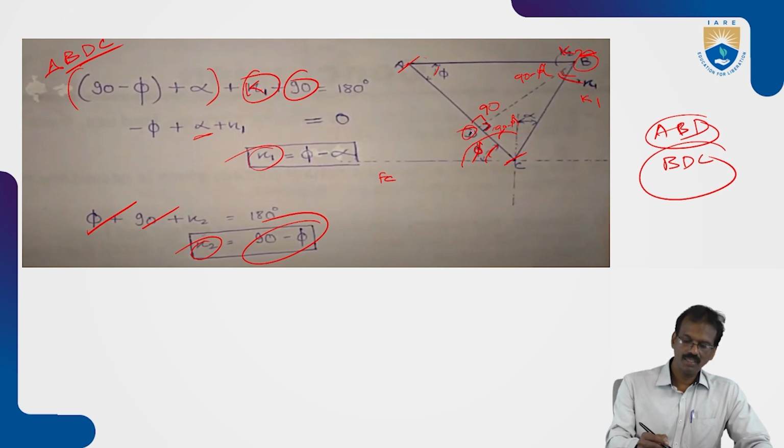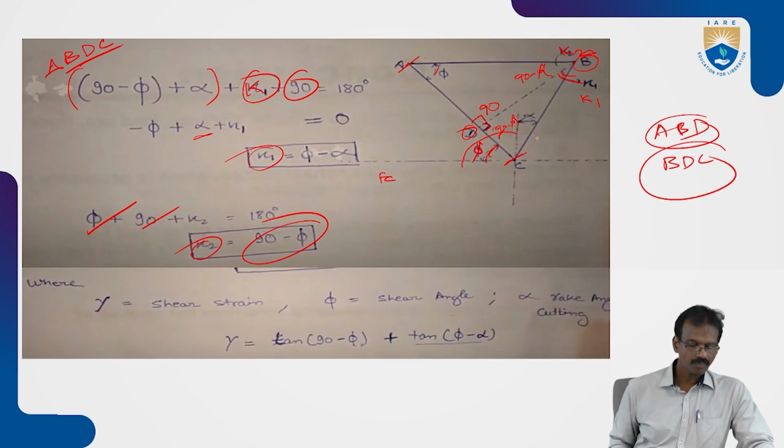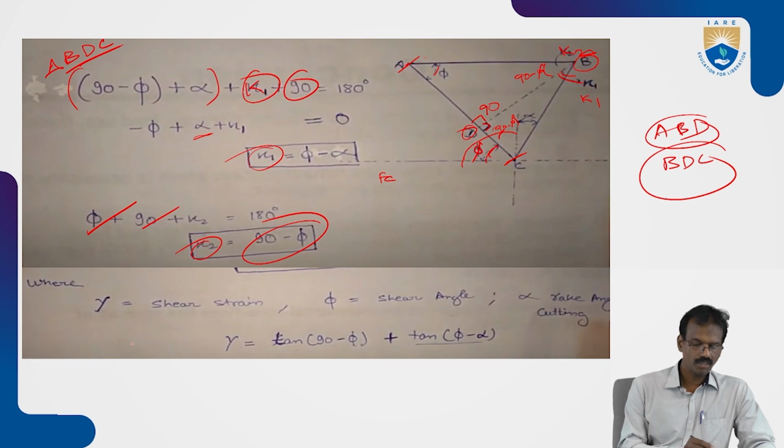So the length of AD by using the ABD triangle. Next, the length of BC by using the BDC triangle. Then we can represent this complete length as some y or phi. So y is equal to, the first one, so apply tan.